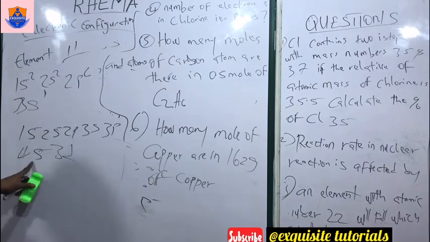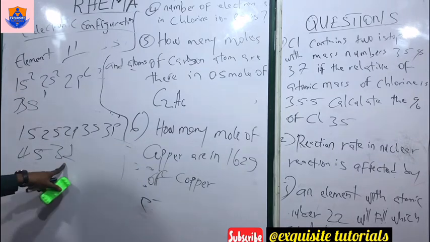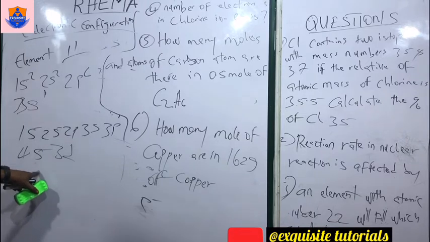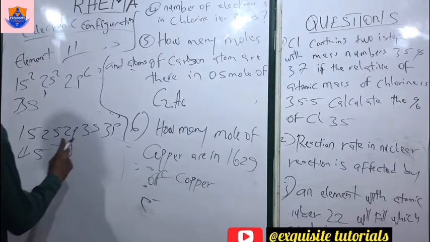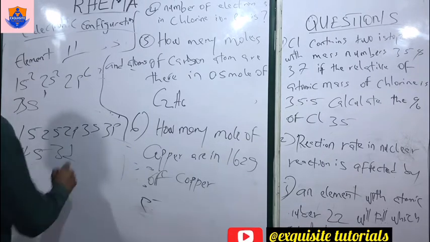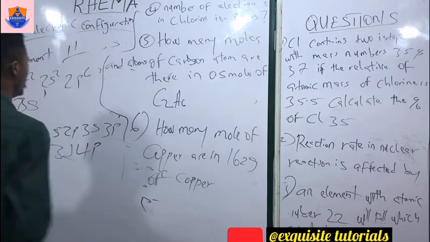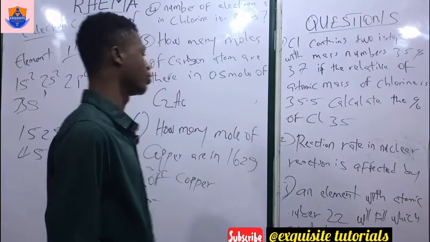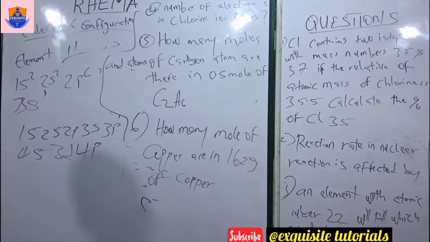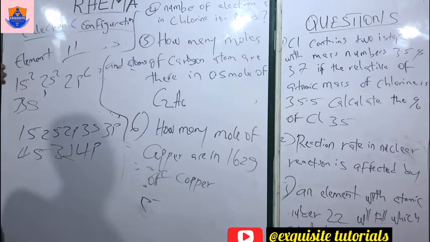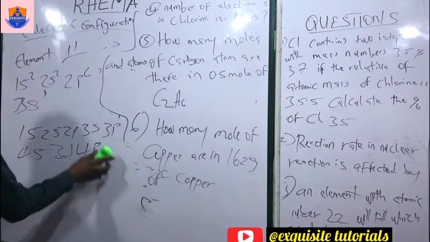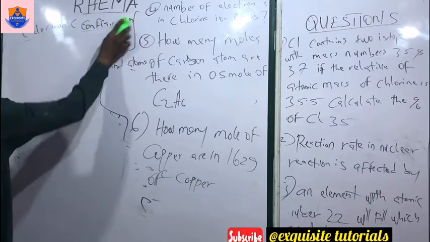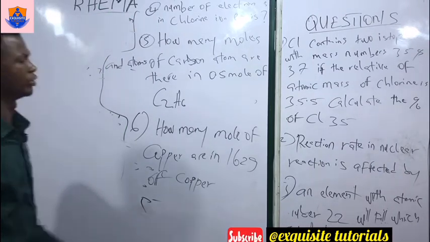Now the reason why 4s is coming before 3d is because 4s has a lower energy than 3d. Then after 3d you have 4p, continuously like that. So that is how you do your electronic configuration. Okay, let's take another question. We are done with electronic configuration.